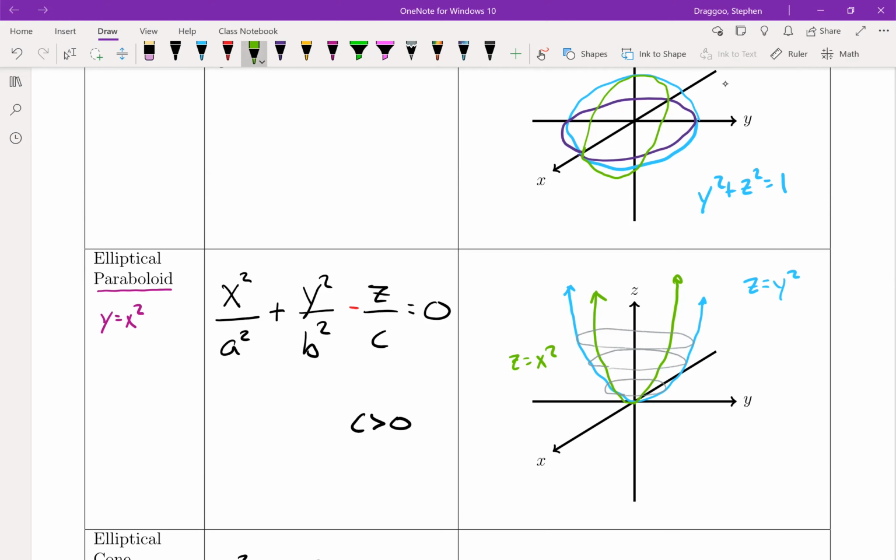So the elliptical paraboloid, if I just look at parabolas in both of the coordinate planes that involve the linear term, then the traces in the coordinate plane that involve both square terms should look like ellipses. So those are those ellipses drawn in the middle.